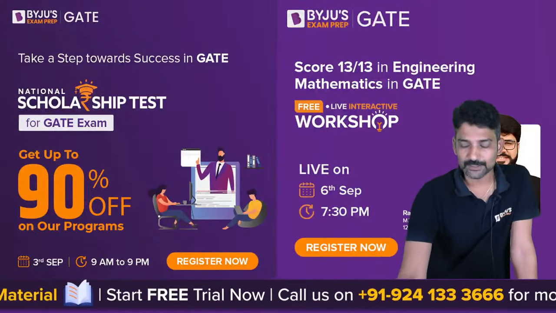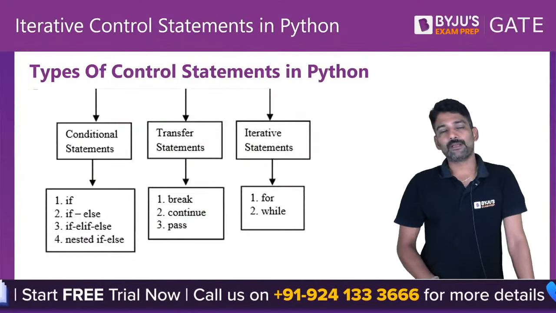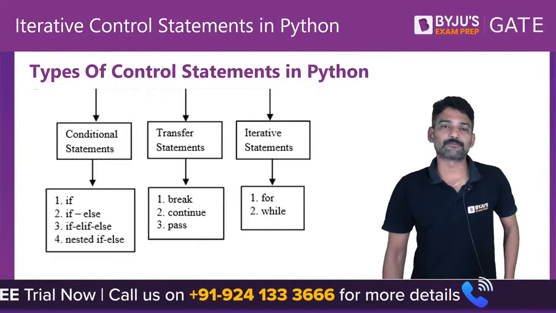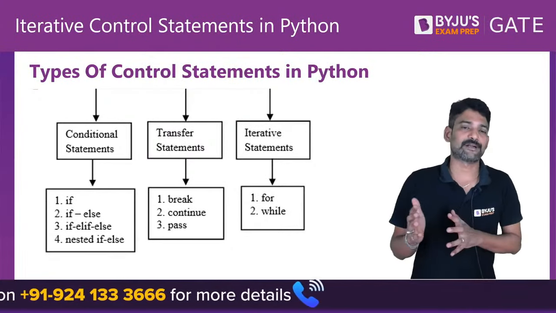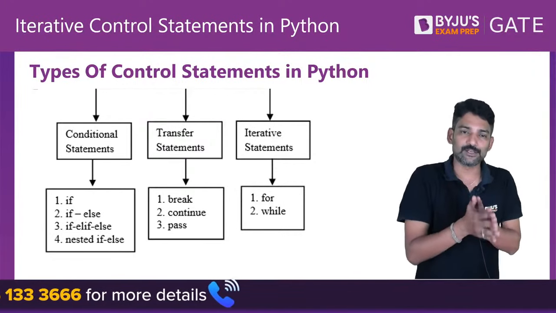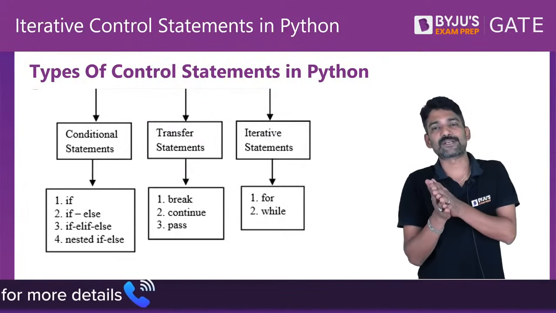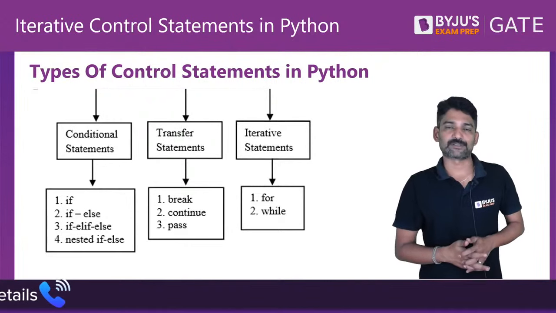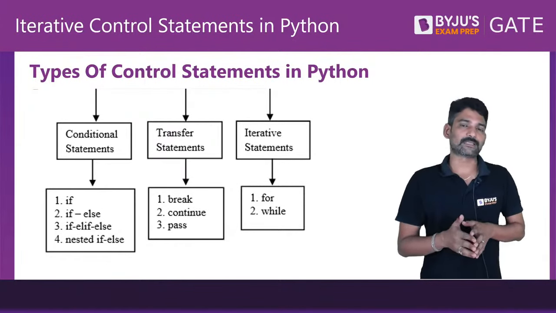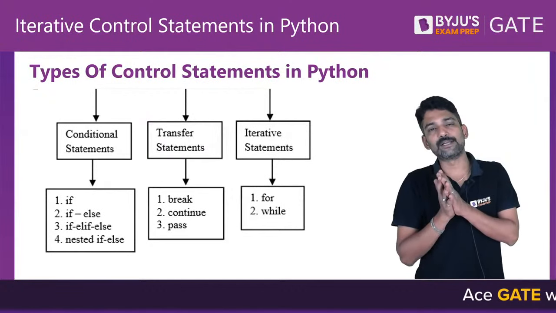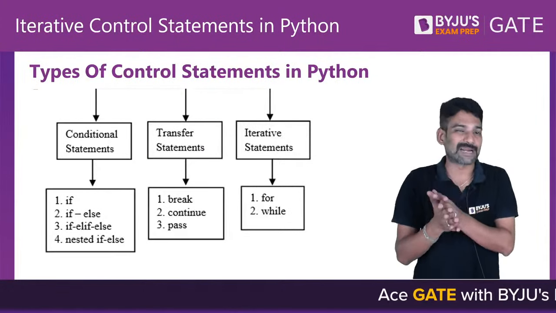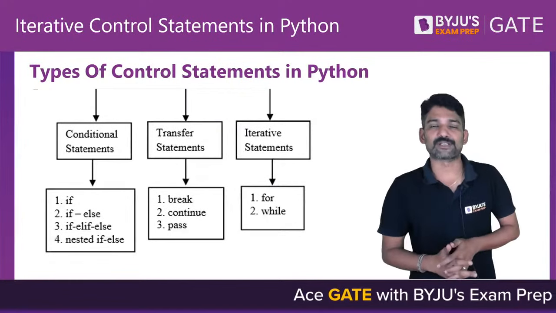Let us start. We have seen that control statements of Python are classified into three types: conditional statements, transfer statements, and iterative statements. In other words, decision making or selection statements, unconditional or jumping or branching statements, and looping statements.